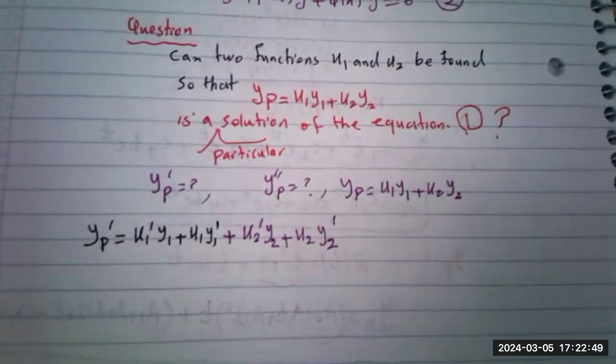What we'd like to do is take the second derivative. You see, we have to think about how many unknowns we are going to have. Our unknowns are u1 and u2. Since they are unknown, when you substitute, you are going to have a new differential equation involving u1 and u2.